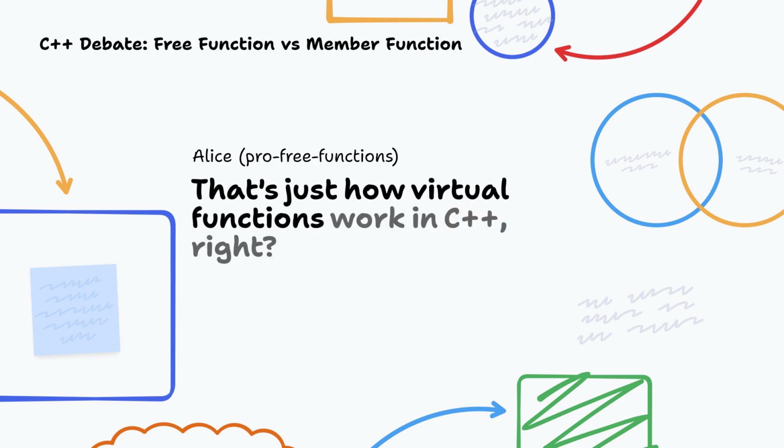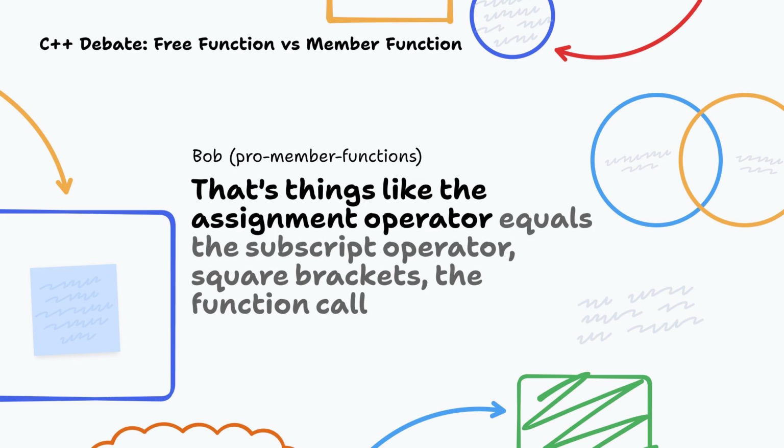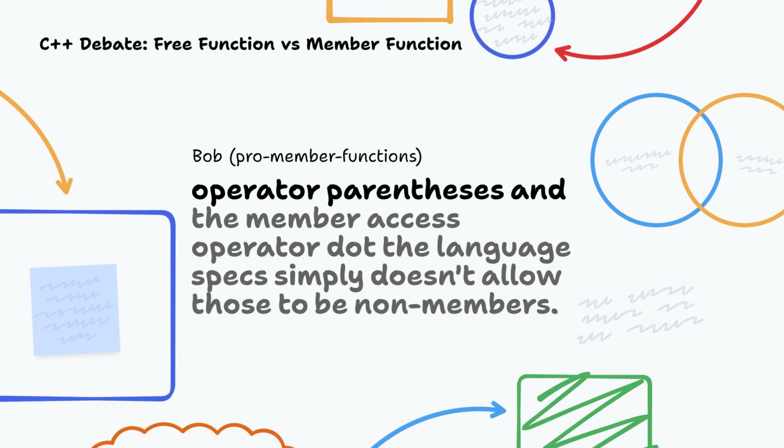That's just how virtual functions work in C++. Right. And second, it has to be one of the operators that the language mandates must be members. That's things like the assignment operator, the subscript operator, the function call operator, and the member access operator. The language spec simply doesn't allow those to be non-members.